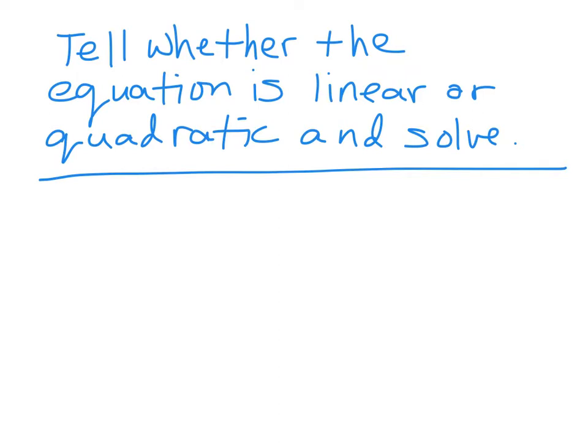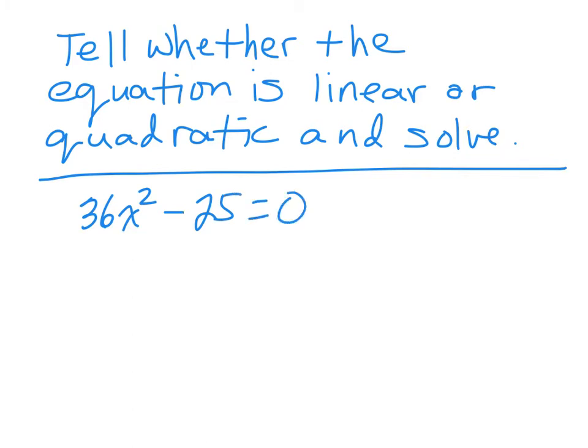Okay, so let's say I give you 36x squared minus 25 is equal to 0.